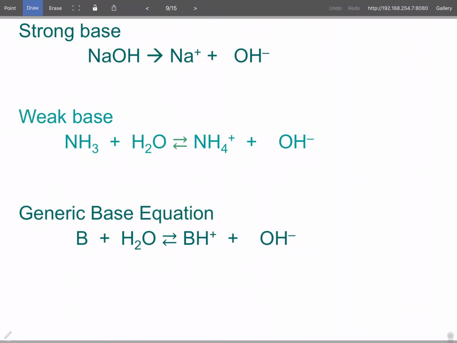Same thing with the bases. Here's our strong base. This would be the conjugate acid of the strong base. Down here we have a weak base. And again, you're looking for the pair. So it'd be this one. This one has an extra proton and a positive charge, so it's the conjugate acid.